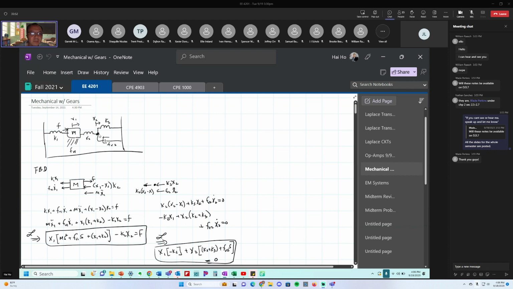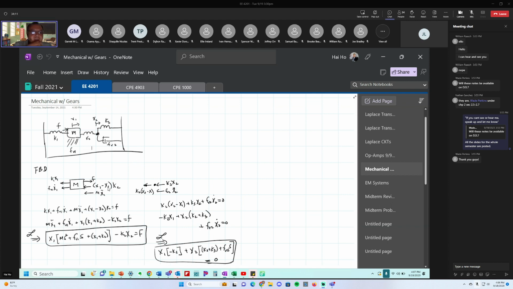In order for this point x2 to move further than x1, that means x1 minus x2. Let's see. If x1 minus x2 is a positive number, okay.